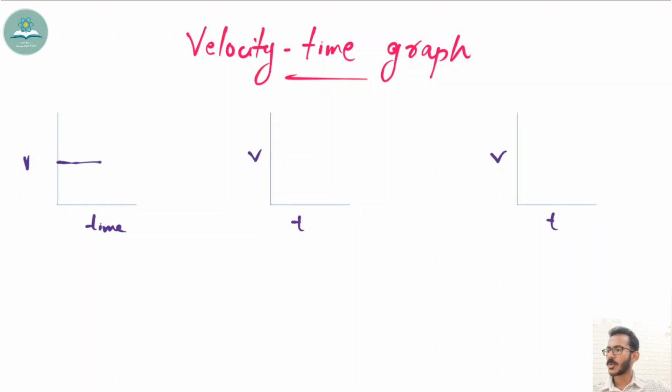Suppose your first graph is a straight line parallel to the x-axis. Here it means that when the time is increasing, the velocity is not changing. Maybe the velocity is 5 meters per second. The object is moving with the same velocity, without changing its velocity or its speed. Don't be confused with the previous graph.